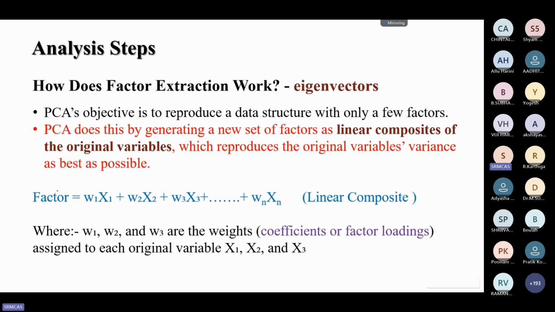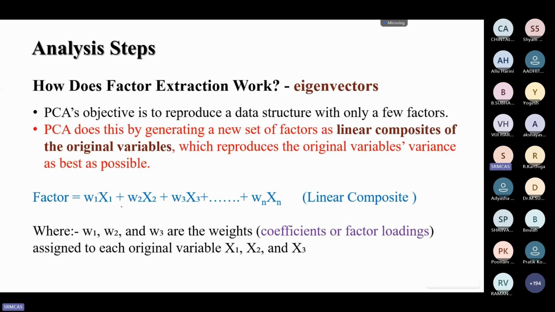For example, for our desired factor, the value of this factor is generated by adding the sum of weighted variable values. This is a linear composite. The weight may be the correlation between the factor and the variable, which is called the factor loading.